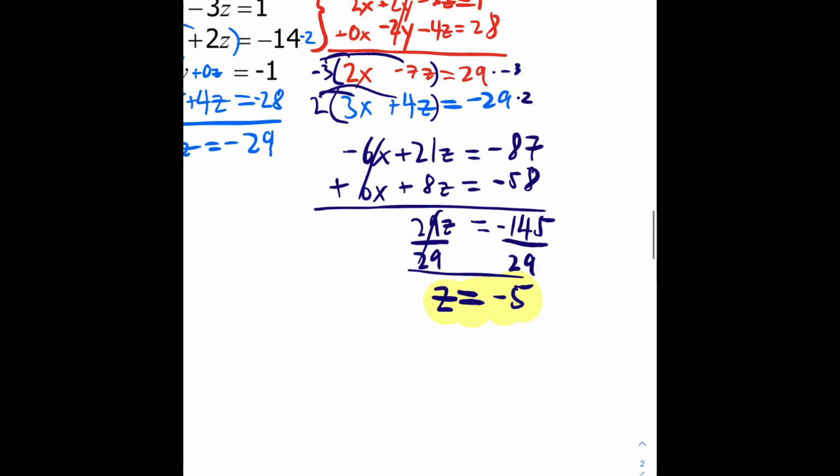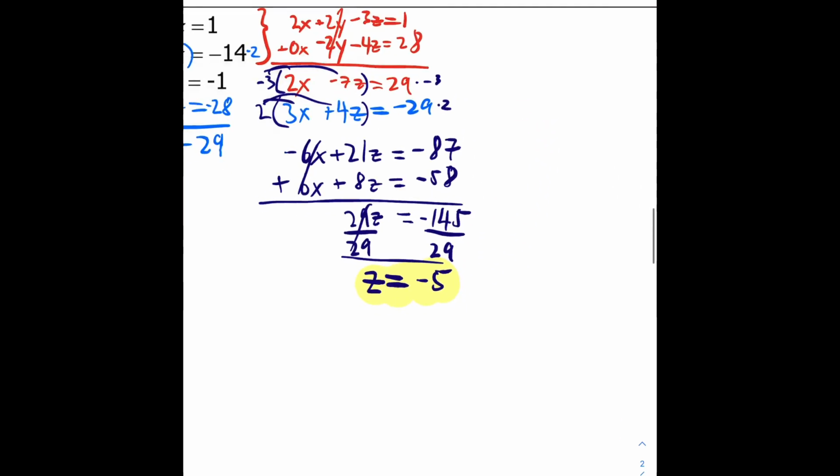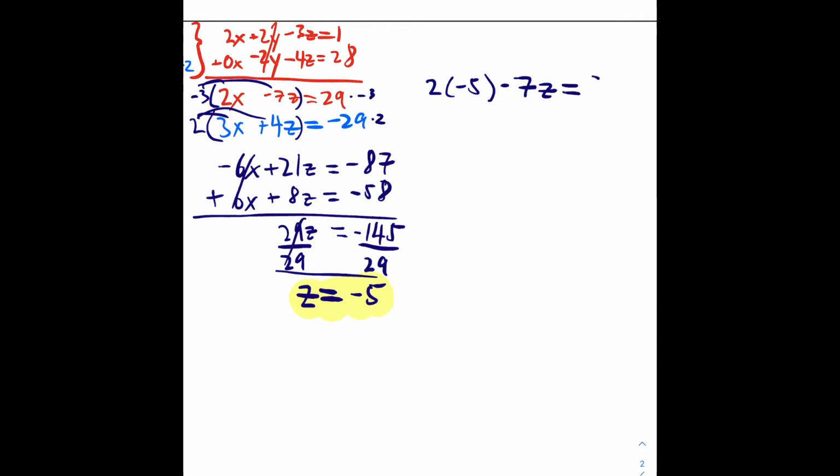Okay, let me just plug this back into one of these. So let's do the red equation here. That'll give me my x. So if I do 2 times negative 5 minus 7z equals 29. Negative 10 minus 7z equals 29. Add 10 to both sides.